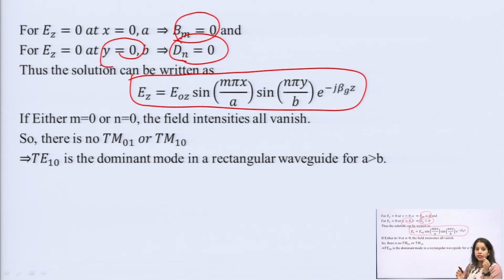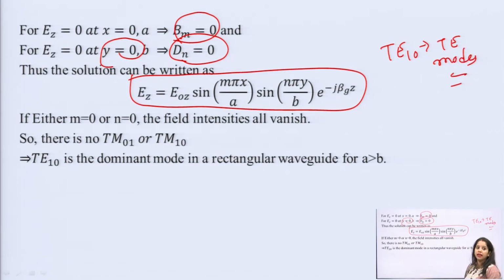Now, this is one of the important questions in the case of a microwave and the waveguide. We know that TE10 is the dominant mode in the case of the TE modes of a rectangular waveguide.